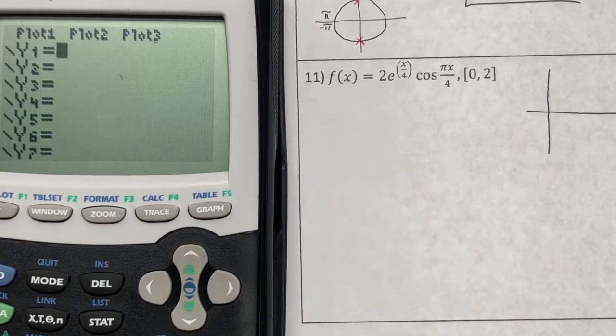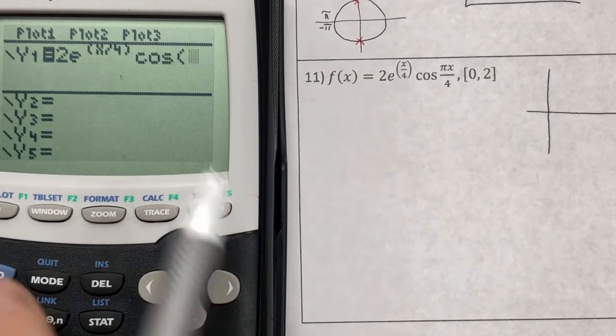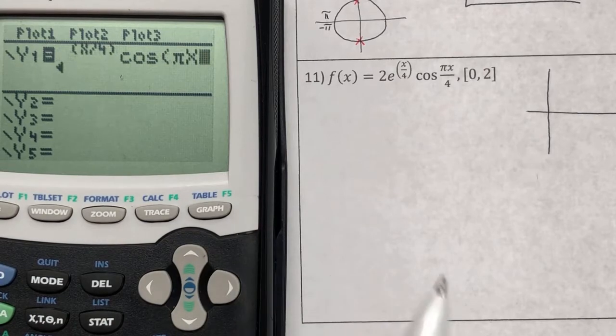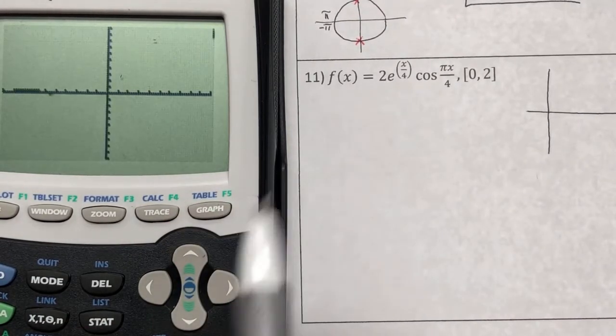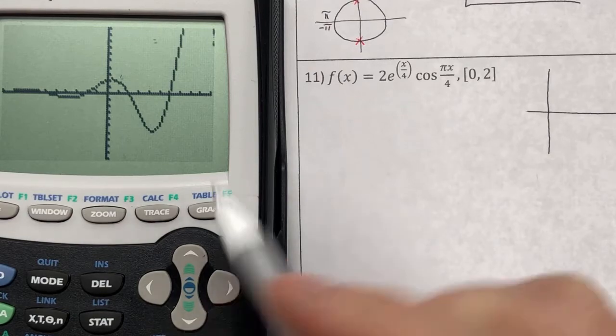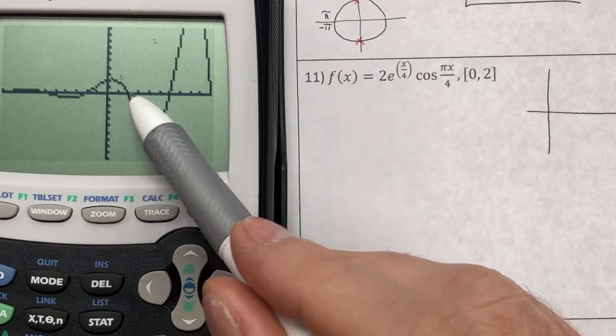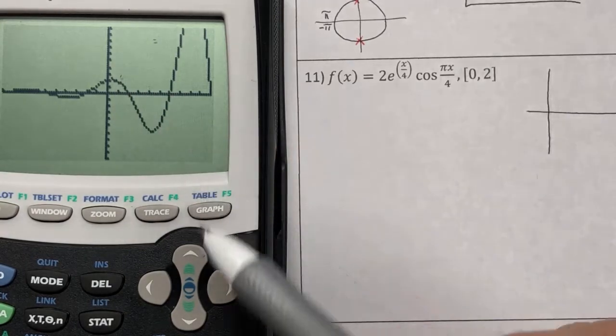I'm going to set this as 2e to the power of x divided by 4, times the cosine of pi x divided by 4. I guess we should have adjusted the parameters. But what I do notice is that from 0 to 2, it doesn't sway too much, so I'm probably going to set that from negative 5 to 5.